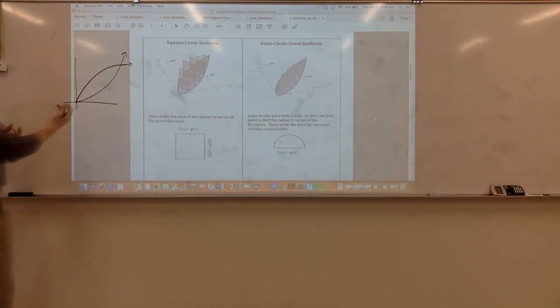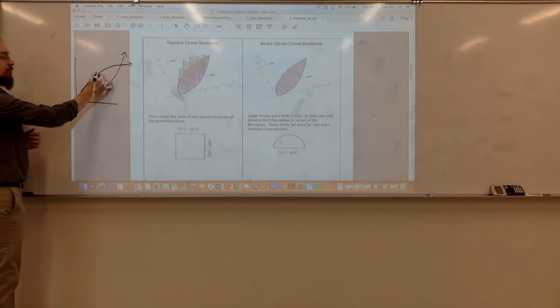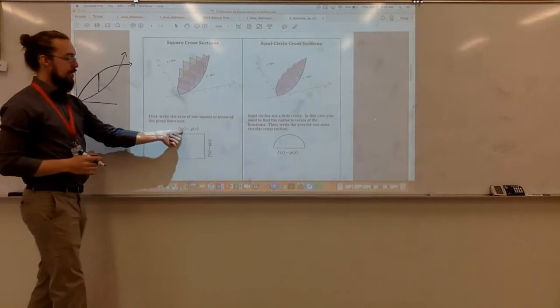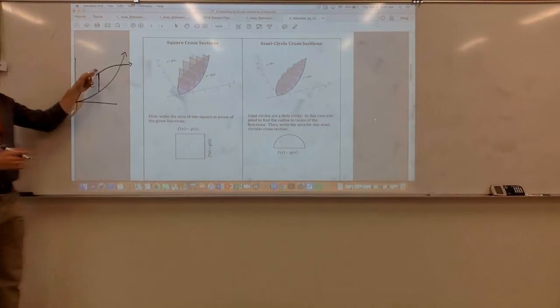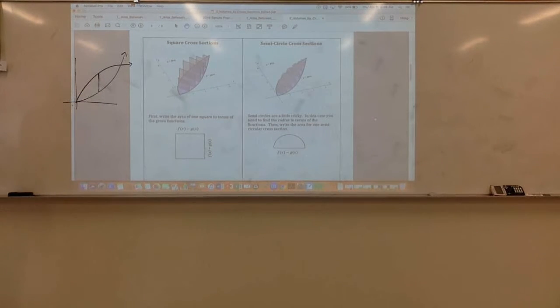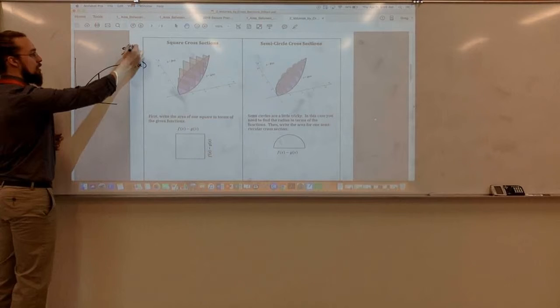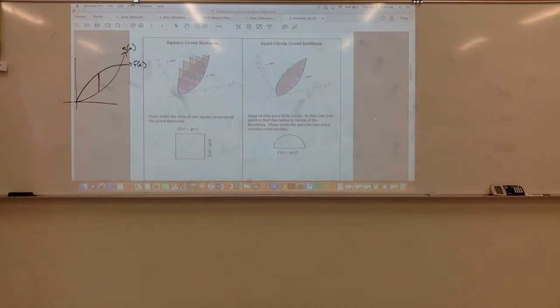To find the area of one of those squares, the base of one of those squares is this height. It's the difference between the two curves. So to get the length of one side of the square, I'm just going to take the top function minus the bottom function. Here we're calling this function f of x and this function g of x.